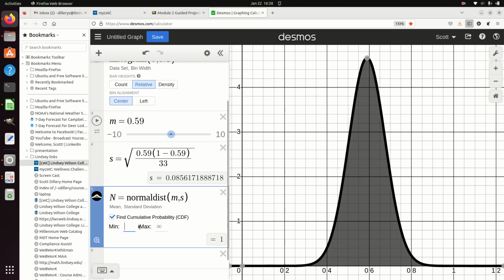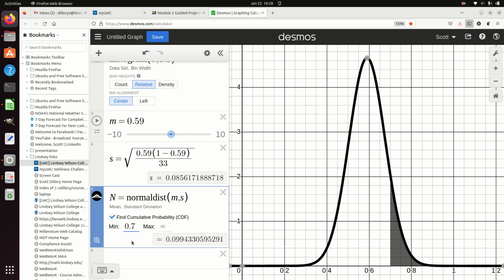So my data for the African American Black doctor group was a 0.7 or higher. Okay, because again, I'm asking the question of how likely is it that I could have gotten 0.7 or even higher, farther away from the 0.59 than I got. And so I just put that in, go to infinity, because I want to look all the way to the right, and just ask, well, how likely is that?